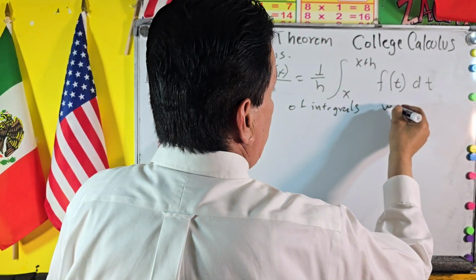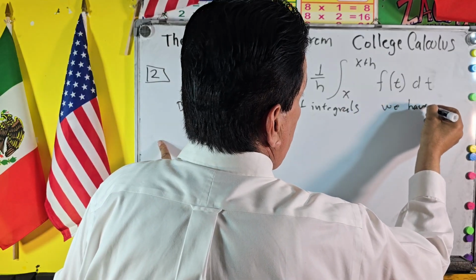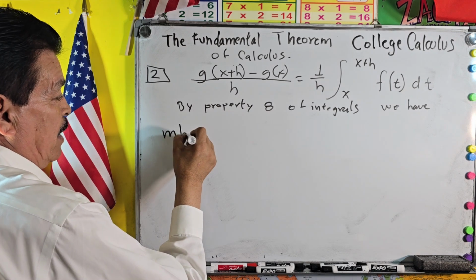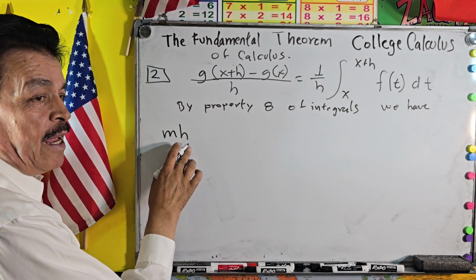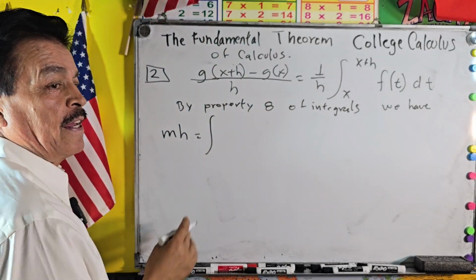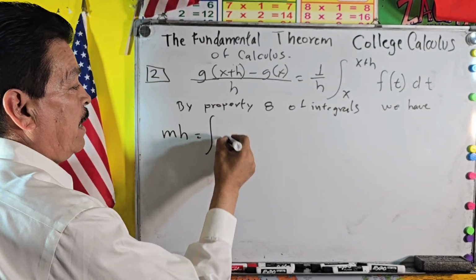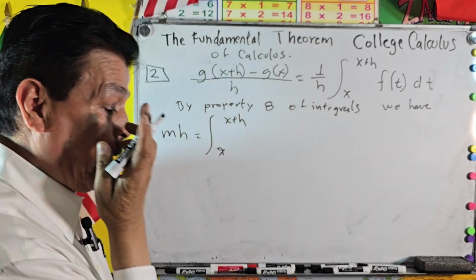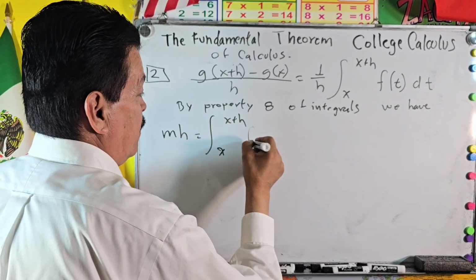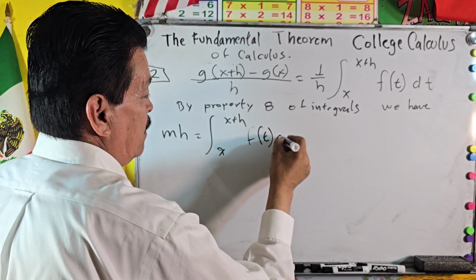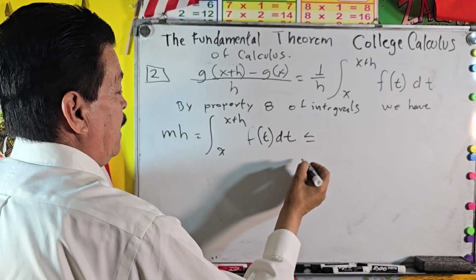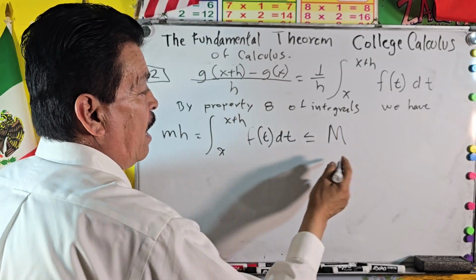So we have here m h, which equals the integral from x to x plus h of f of t differential of t, less than or equal to capital M times h.